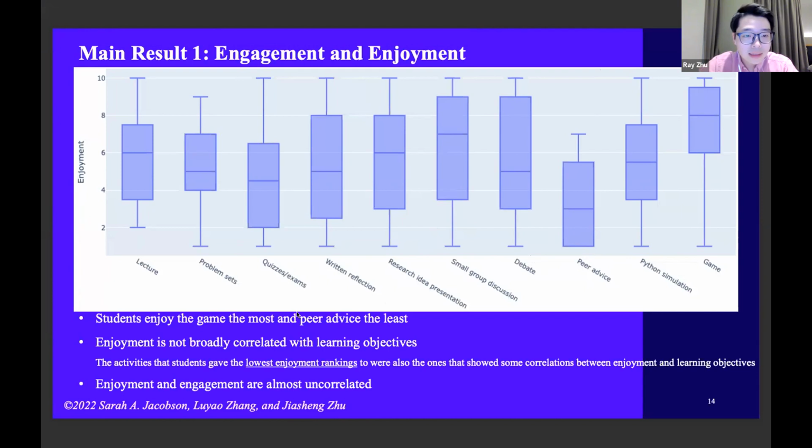We also found that enjoyment is not broadly correlated with learning objectives through our hypothesis testing. In fact, the activities that students gave the lowest enjoyment rankings were also the ones that show some correlation between enjoyment and learning objectives.